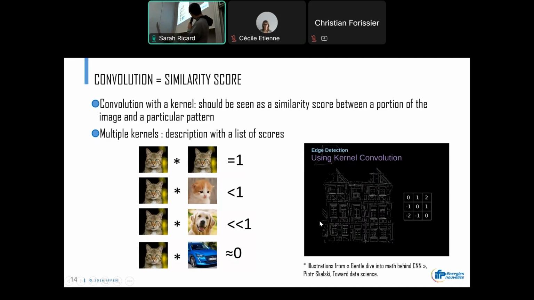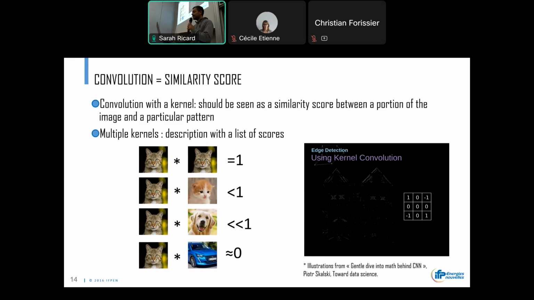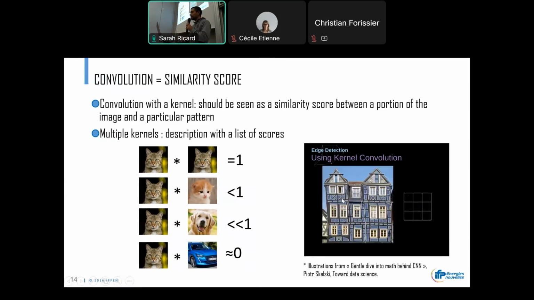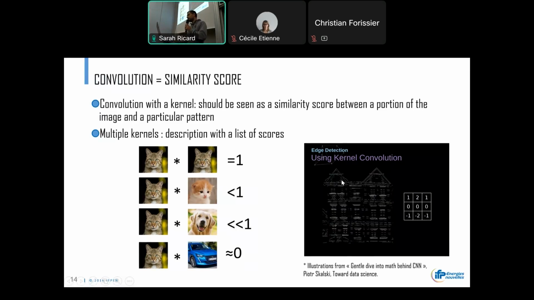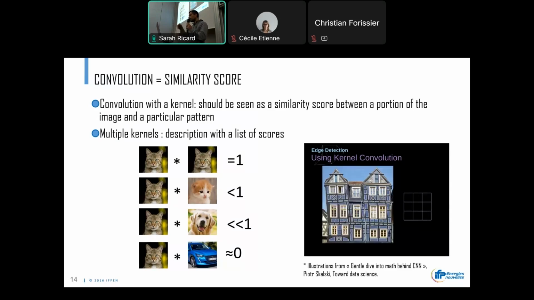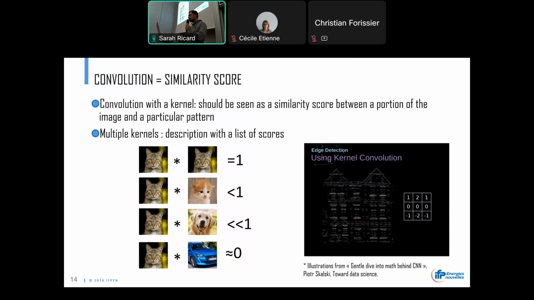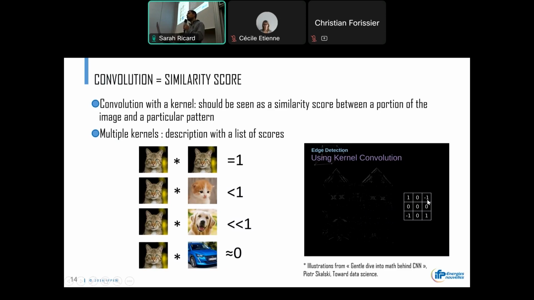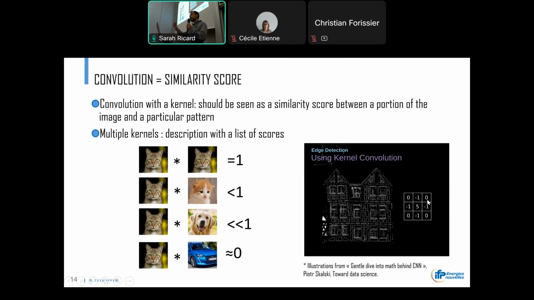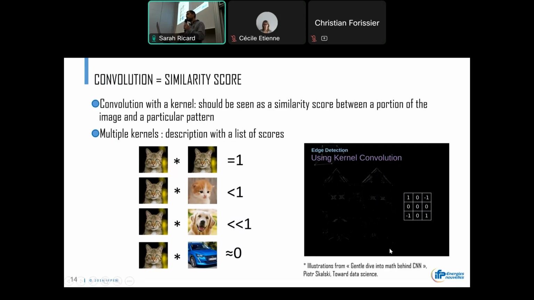You can see a more specific example on the right. Here we have an image of a house with a lot of geometric structural orientation. We have vertical orientation, horizontal orientation. And as you can see, if we change the kernel, so if we change the function, we can compute some results that give you indication of some orientation.